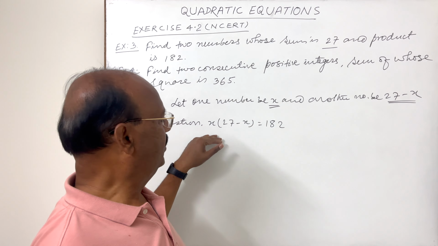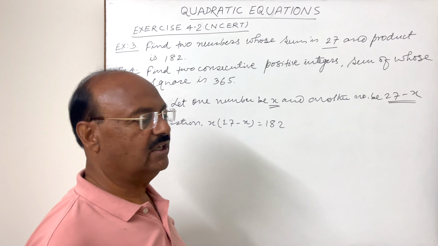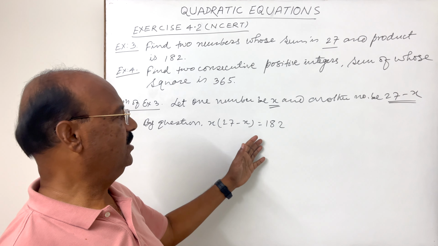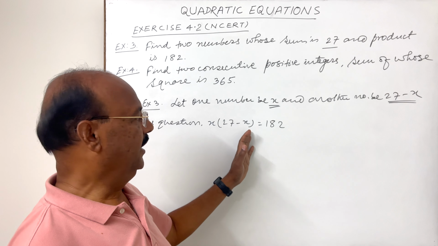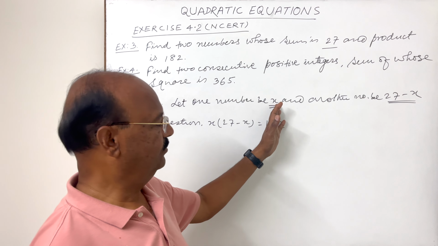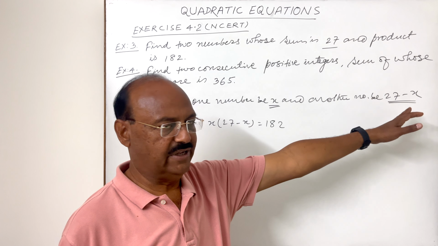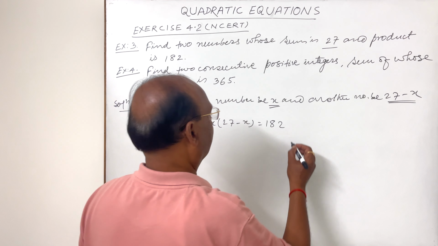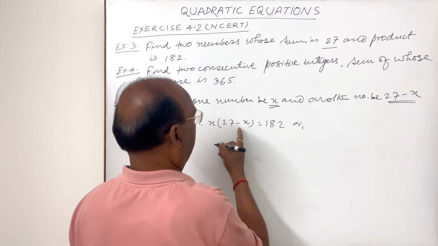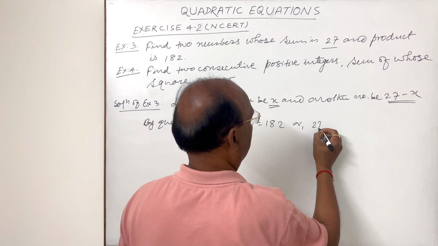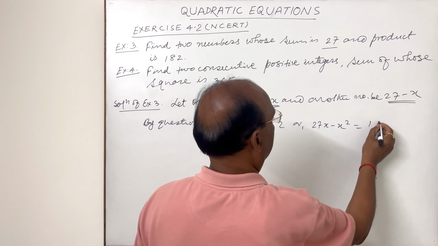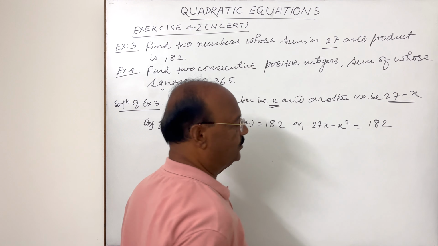We will simplify it. We are getting here a quadratic equation, and by solving it we will get the value of x, and then we can get one number x, another number 27 minus x. Okay, let us simplify it. Multiplying these two factors, we are getting 27x minus x square is equal to 182.